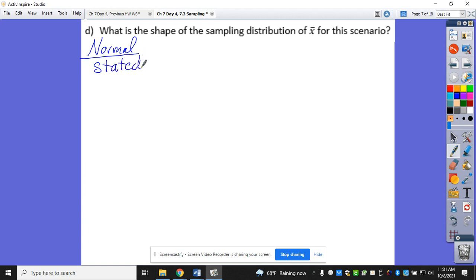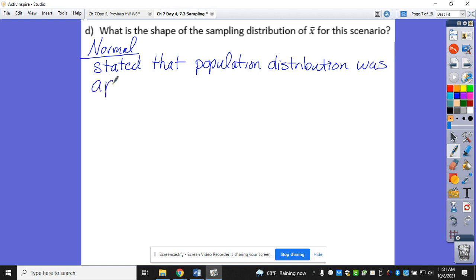It was stated that, and again, you have to know that what was normal was the population distribution. This one specifically said that the population distribution was approximately normal, right? Just go with the wording there.